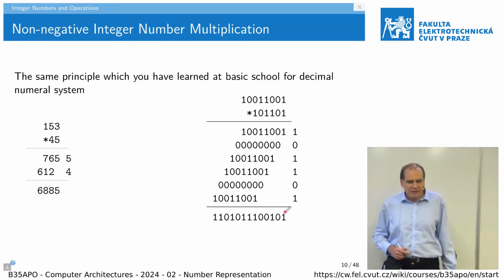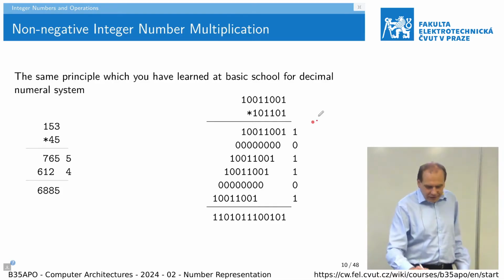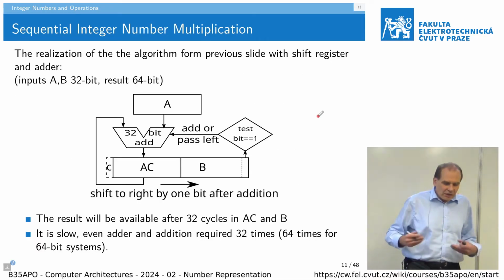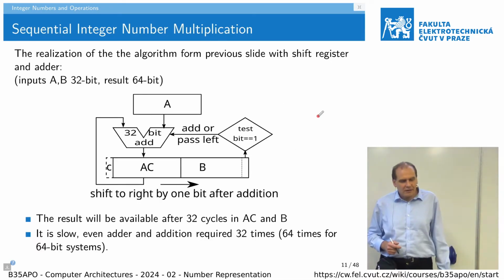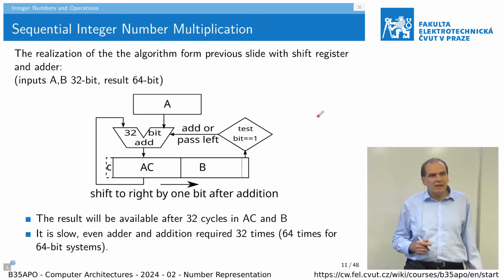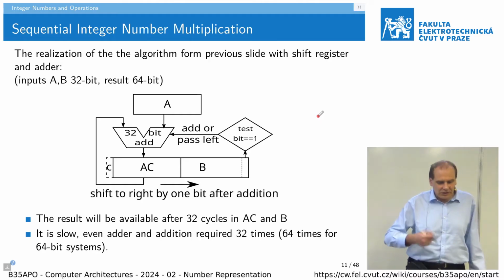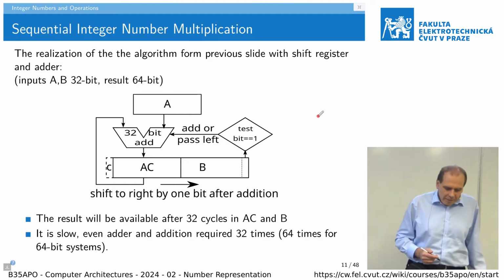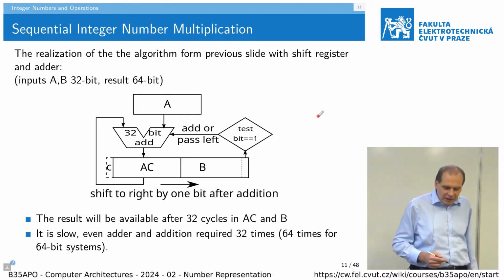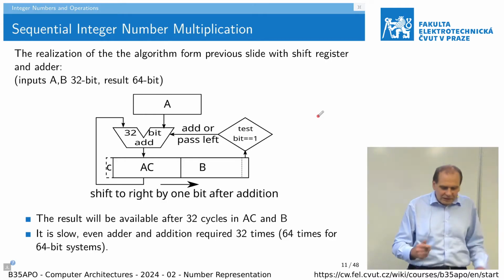And the problem is that if we multiply a large number, it can be quite long. But we can build such a multiplier to process the operation sequentially, and it is usually done in such a way as to optimize the number of bits which we need to keep in memory.